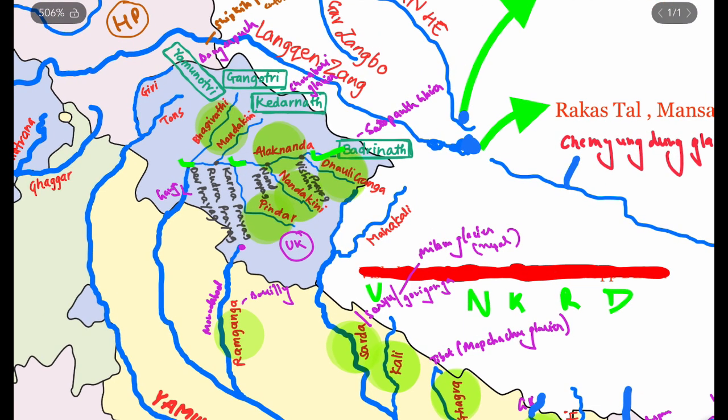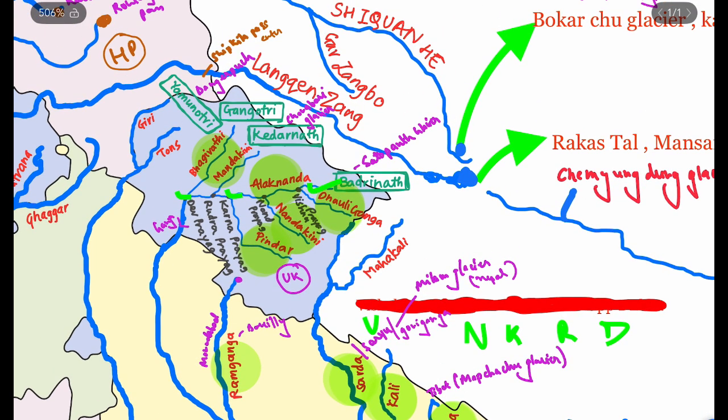And then Gangotri. Gangotri is known by the name of Bhagirathi. Ganga, before coming into the plains, is known by the name of Bhagirathi. Kedarnath, we have Chorabari Glacier, from where the Mandakini river comes, and at Badrinath we have Satopant Glacier.